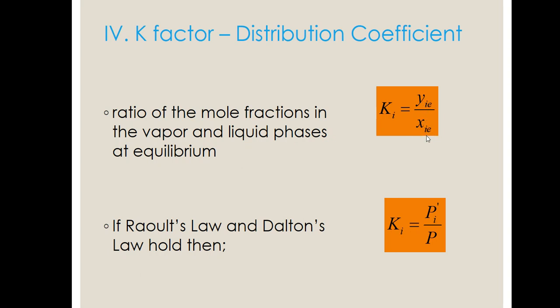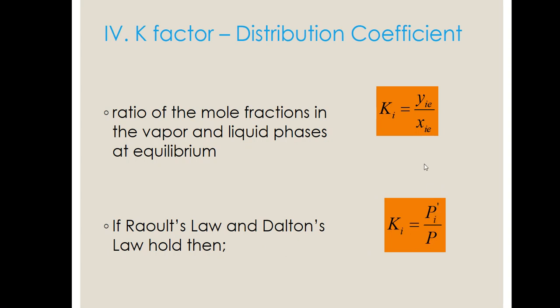I represents a particular component and E represents the equilibrium condition. Now, this could also be replaced by an equivalent equation giving you the same exact answer if Raoult's law and Dalton's law hold. Meaning, this could be replaced by this particular formula if your system is ideal and if Dalton's law of partial pressures is applicable.